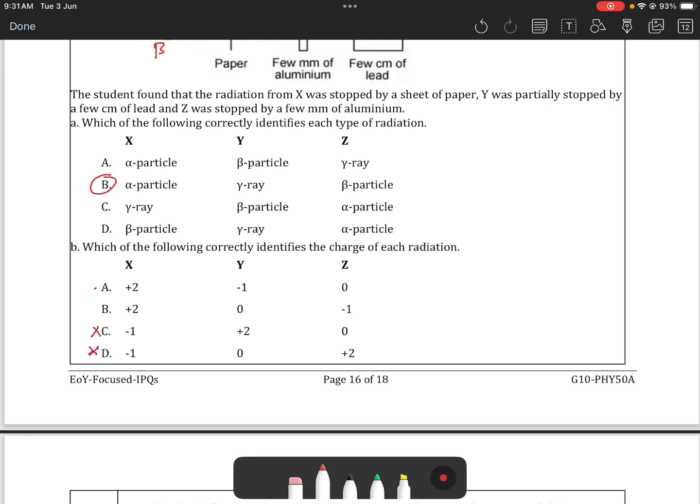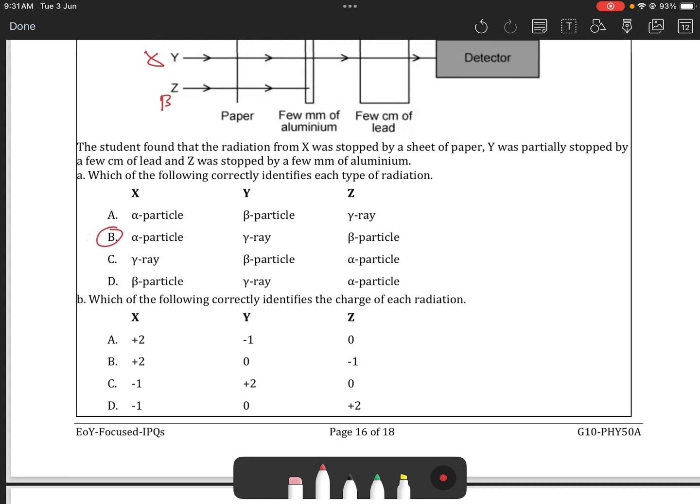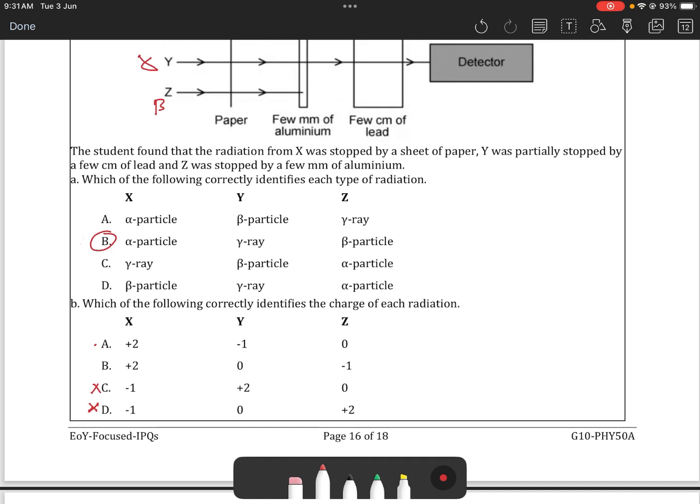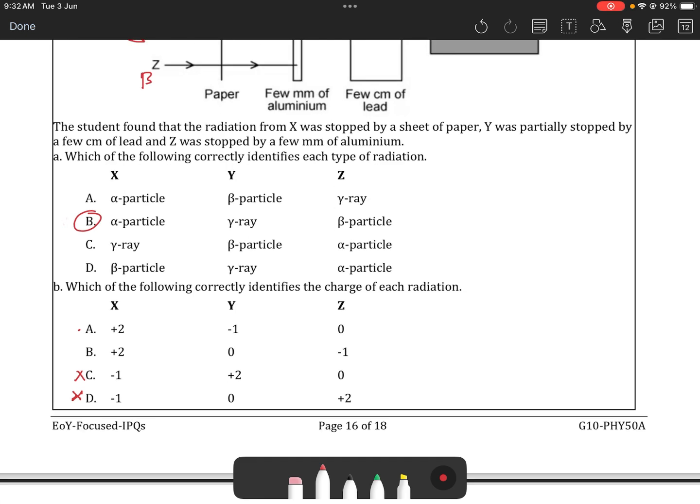Y is gamma, which is electromagnetic radiation. It has no charge. So the answer is B. But let's check Z to be sure. Z is electron, a high speed electron, but at the end it's an electron. It has negative 1 charge, so B is our right answer.